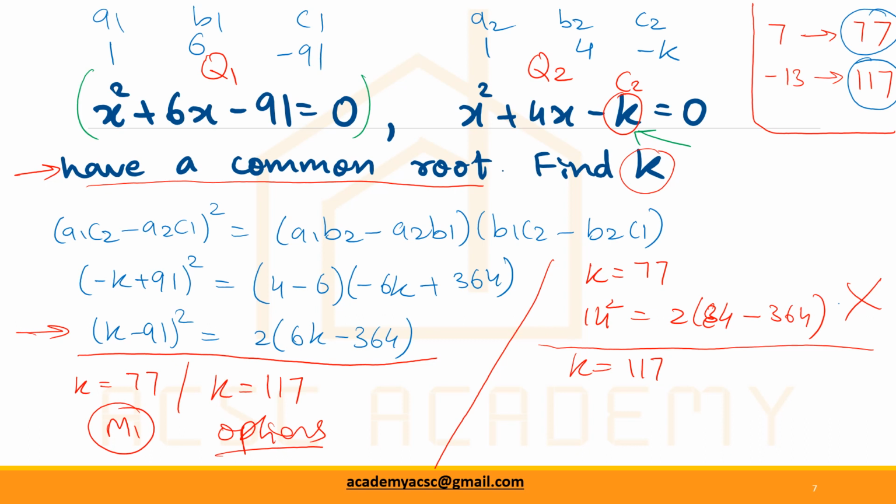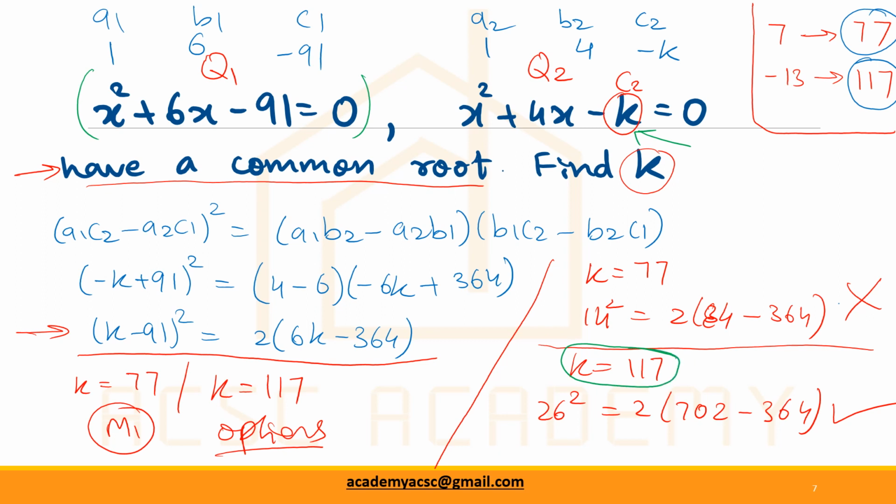Let's try to substitute. 117 minus 91 will give 26 squared equal to 2 times 702 minus 364, and you will check out that yes, this indeed satisfies, which means K equal to 117 is the correct answer.